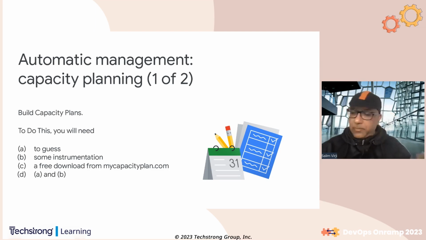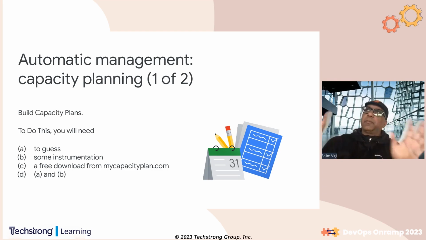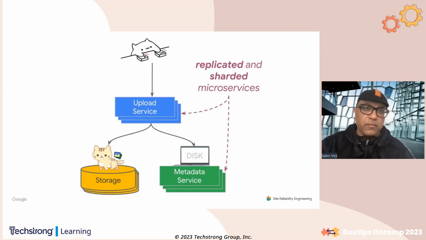And that's one of the great things about having a text-based configuration file for a capacity plan, is you can stuff it into your container manager, and then the container manager says, all right, I can spin up endless amounts of cat serving image servers until I hit this limit on our resources. And those limits are here in terms of the number of replicas that we allow the system to create.